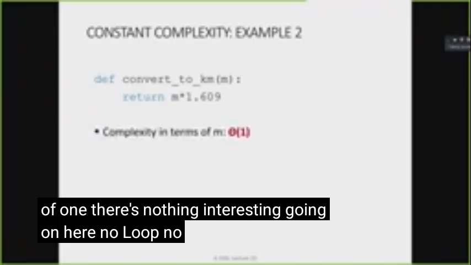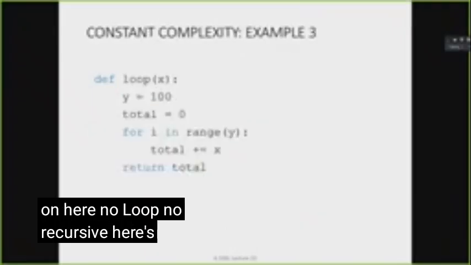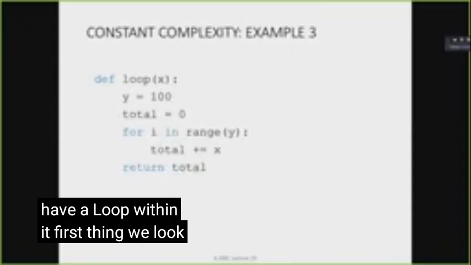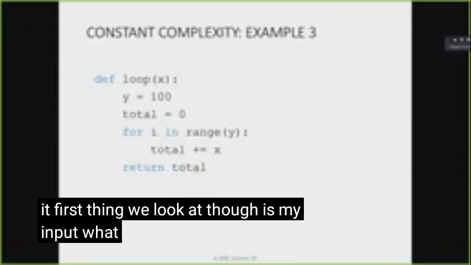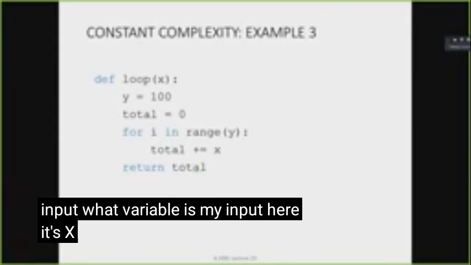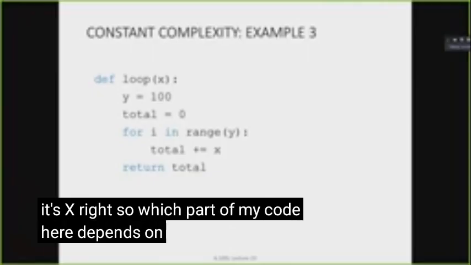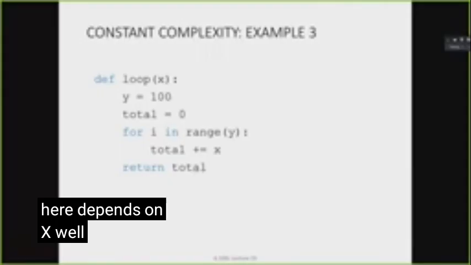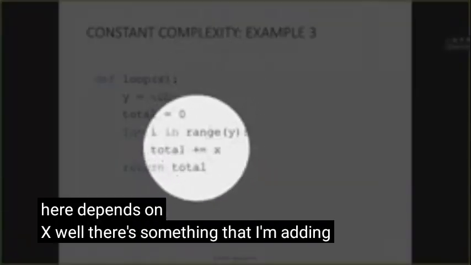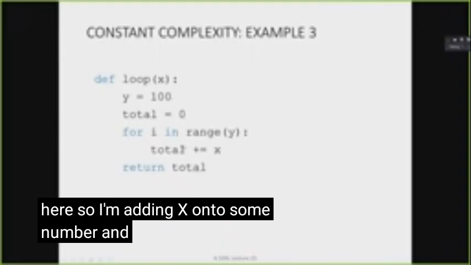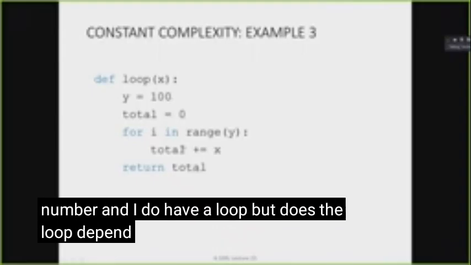No loop, no recursion. Here's a function that does have a loop within it. First thing we look at, though, is my input. What variable is my input here? It's x, right? So which part of my code here depends on x? Well, there's something that I'm adding here. So I'm adding x onto some number. And I do have a loop, but does the loop depend on x?